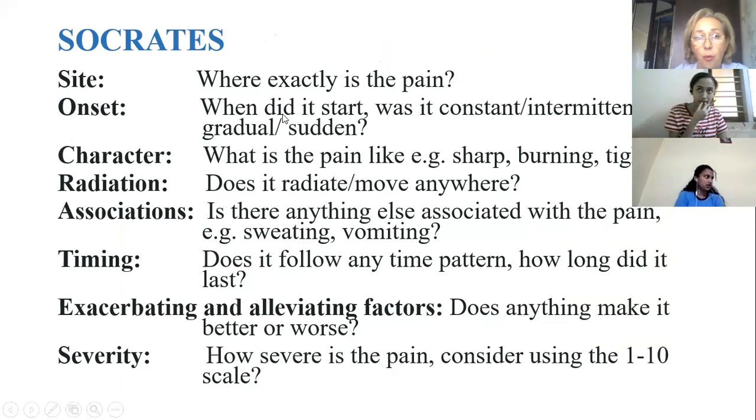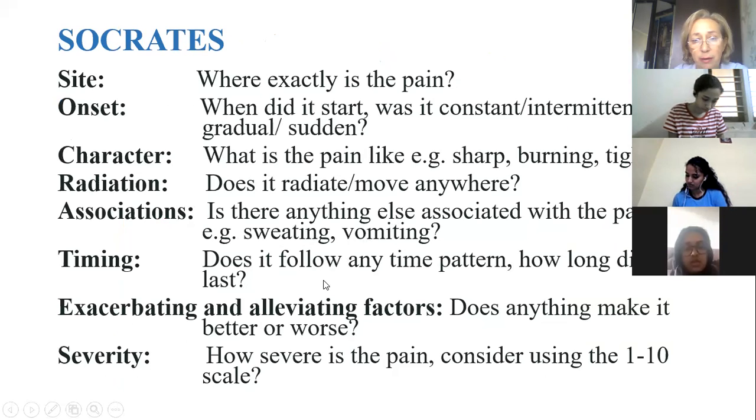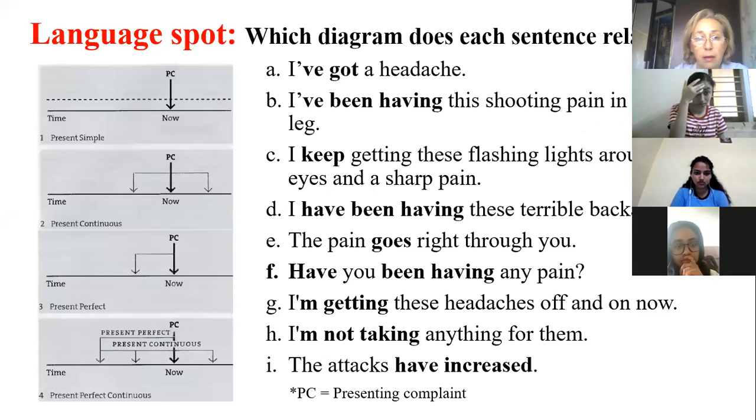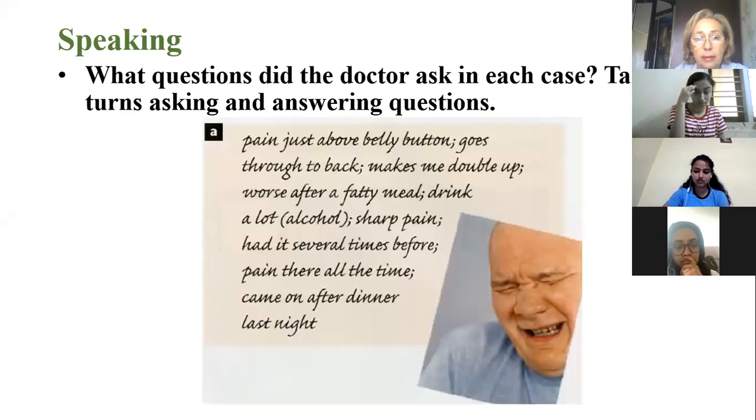So about site: where; onset: when did it start; character: what's the pain like; radiation: does it radiate; associations: is there anything associated; timing: how long; exacerbating or relieving factors: what makes it better or worse; and severity: how severe is the pain from 1 to 10. Do you see? Okay, let's go back to this slide.